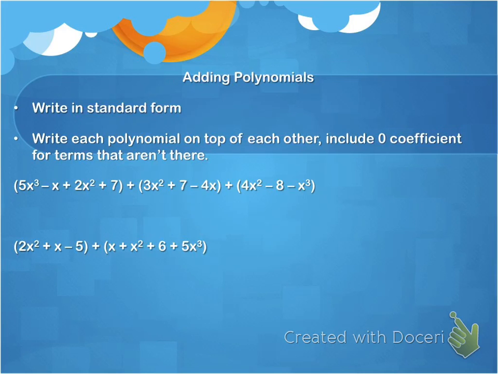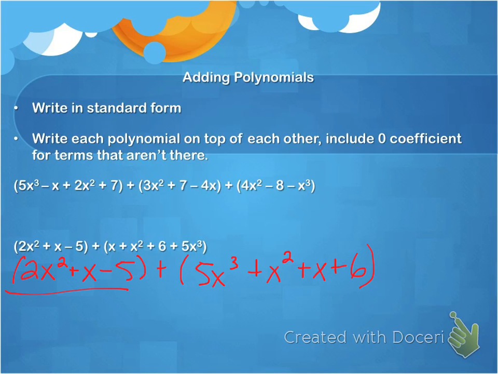Again, when I do this, I'm going to write these in standard form first. This first one's already in standard form. The second one, I'm just going to rewrite that 2x squared plus x minus 5. Plus the second one, 5x to the 3rd, plus x squared, plus x, plus 6. I'm going to go ahead and stack these on top of each other.